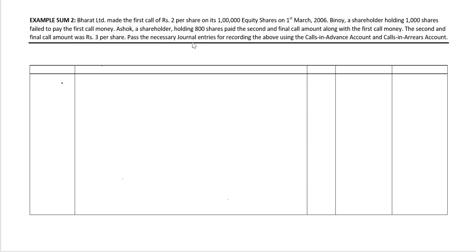Ashok, a shareholder holding 800 shares, paid the second and final call amount along with the first call money. The second and final call amount was rupees 3 per share. Pass the necessary journal entries for recording the above using the calls in advance account and the calls in arrears account. So let's go ahead with the solution.